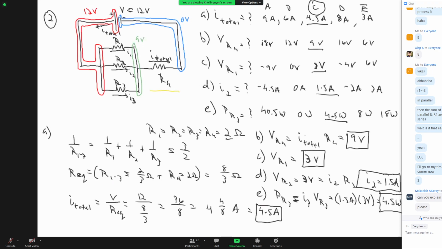So going from that green to the blue, I lost 9 volts. So this green had to be 9 volts to drop to 0. So 12 minus 9 is 3.